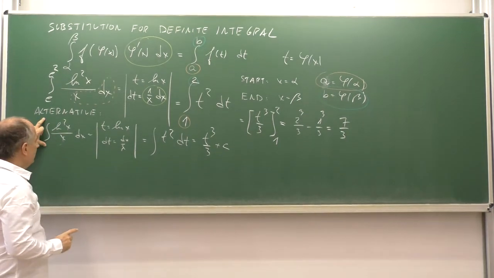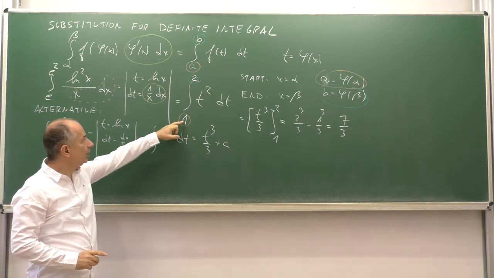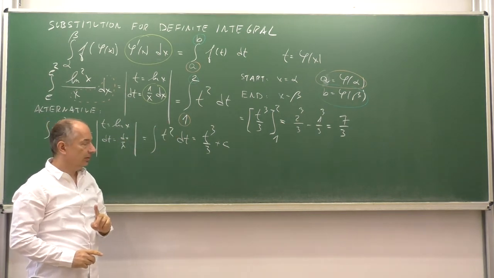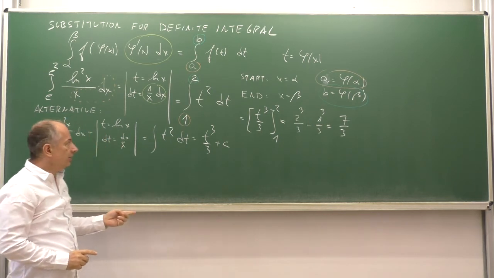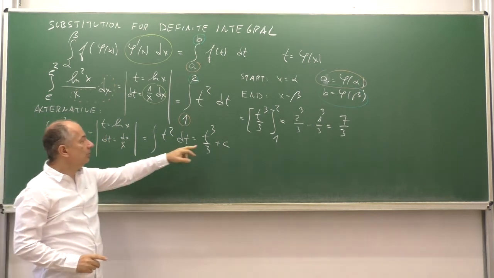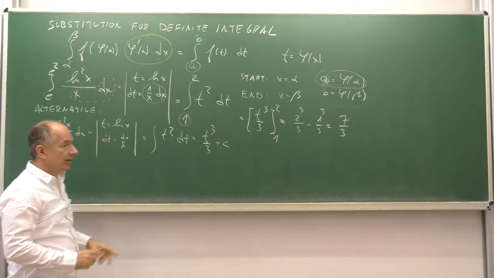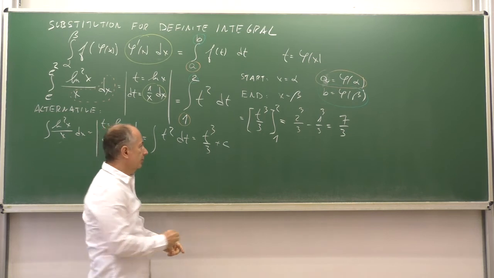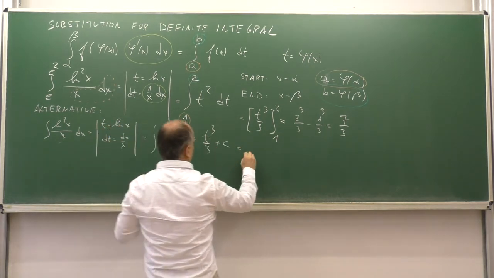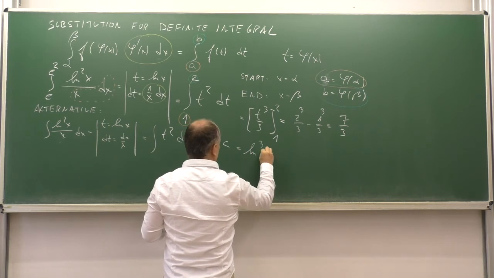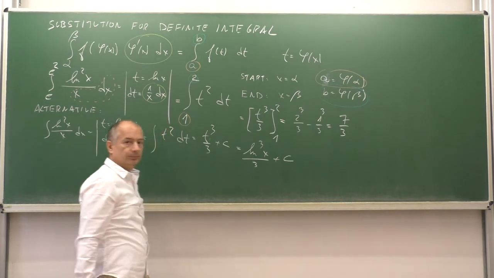So we see no limit here, no limit here. So we don't have to recompute the limits. This is the advantage. But the disadvantage of this second alternative is that we must go back from the new variable t to the old variable x if we don't want to recompute the limits. So, one more step here, t is logarithm of x, so logarithm cube of x third plus c.